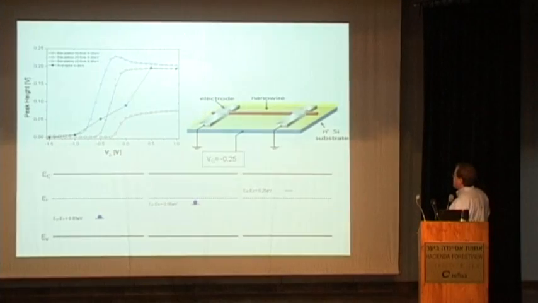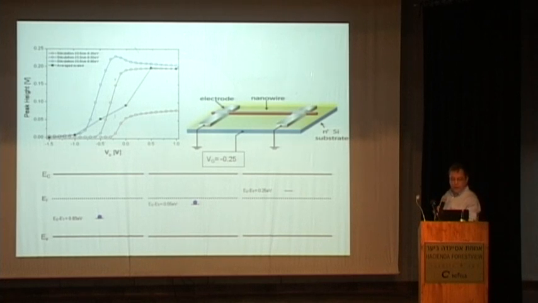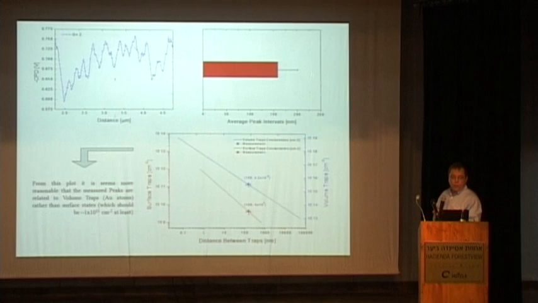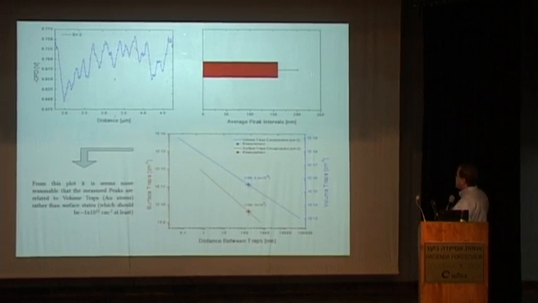So this study is not complete yet, but what we think is that the traps that we are seeing are at about this energy, and they are very close to the wire surface, right at the surface of the wire.